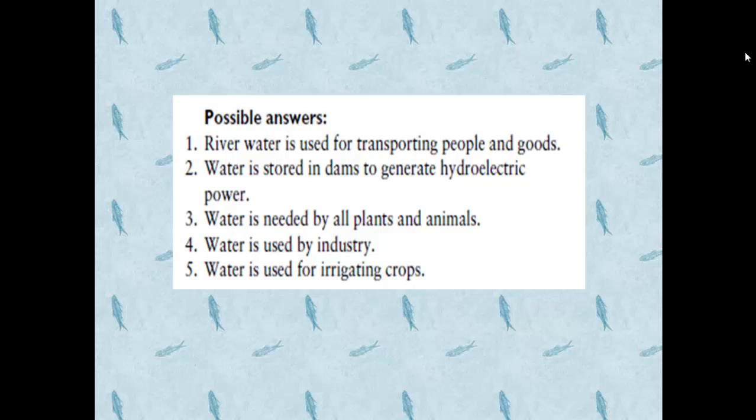Water is needed by all plants and animals. Number 4. Water is used by industry. And finally, number 5, we can say water is used for irrigating crops. Irrigation here means watering crops.